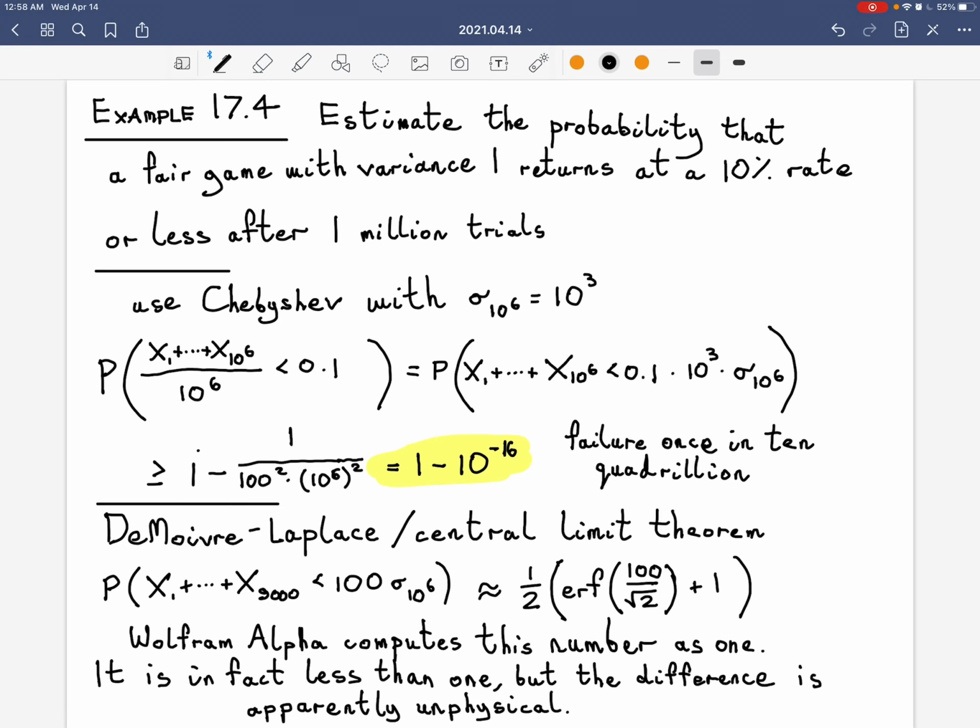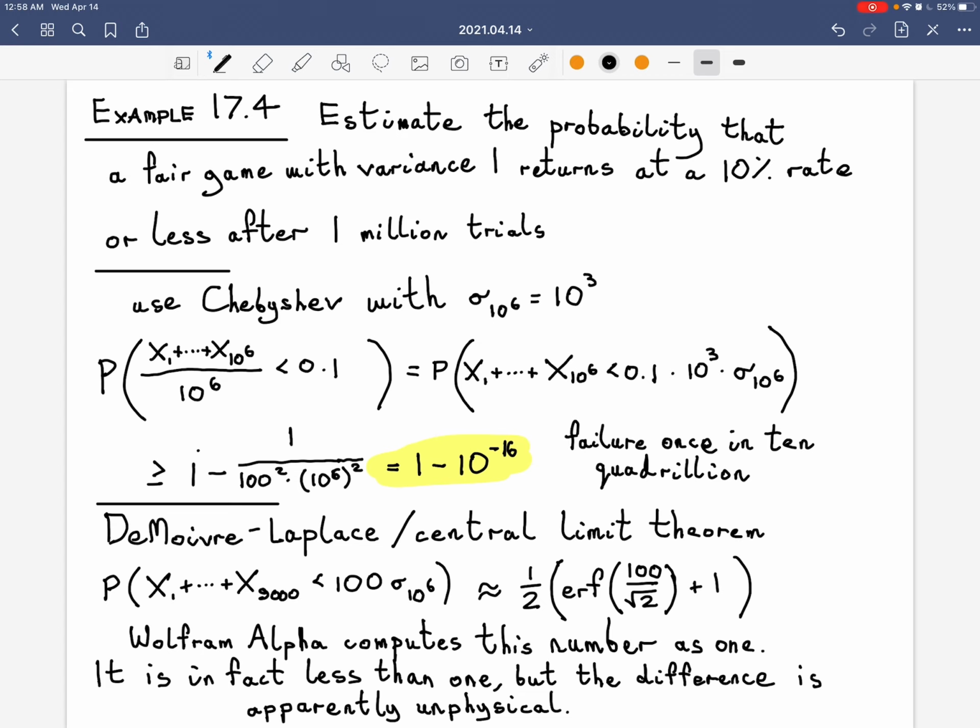Wolfram Alpha is pretty smart. It usually gets things right, but it tells me this is 1, and it's not. That's not really Wolfram Alpha's fault. That's more a fact of overstressing the central limit theorem. You can't talk about 100 standard deviation anomalies in the context of the central limit theorem. It's just too far away from the situation where the various parameters actually cancel out to real information.